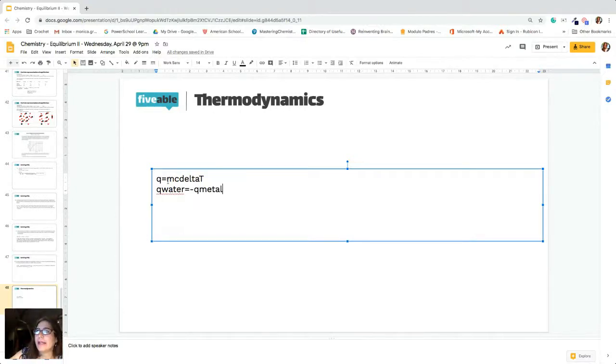Usually they give you the mass of the metal and the change of temperature, and they ask you to calculate the specific heat of the metal, or sometimes they ask you to solve for the final temperature that the system will reach. So it's actually pretty easy.